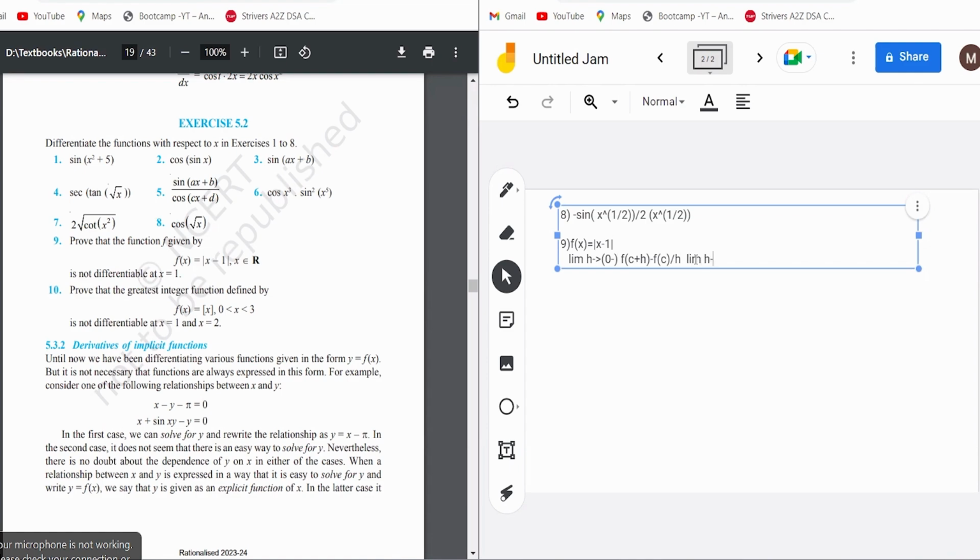So it will be the limit of h tending to 0 plus of f of c plus h minus f of c divided by h. These are the two limits which we have to compute, and our function will be differentiable if and only if these two limits exist, are equal, and are finite.